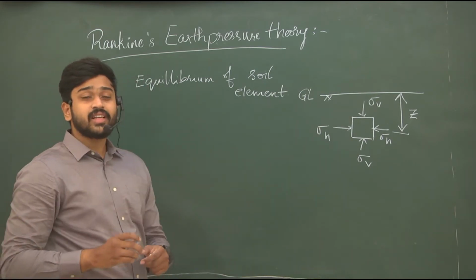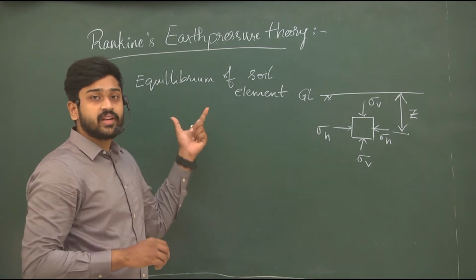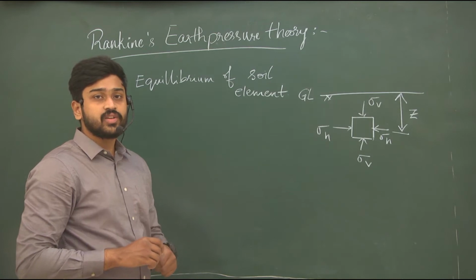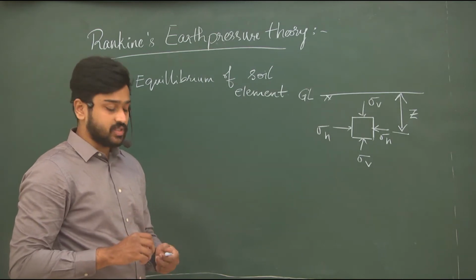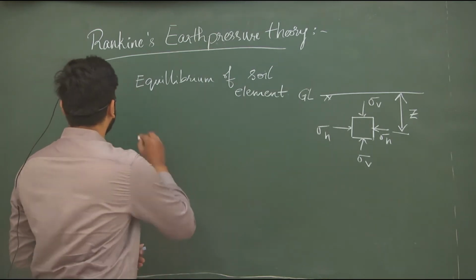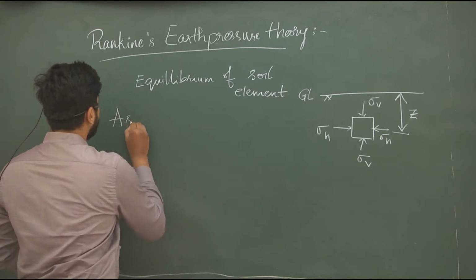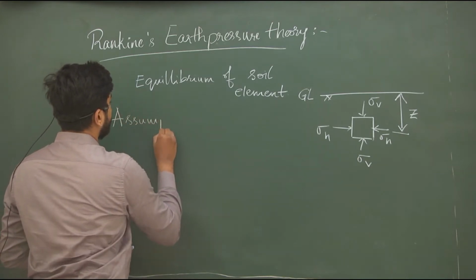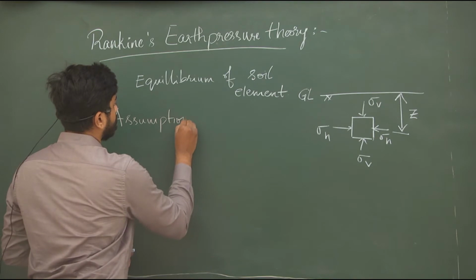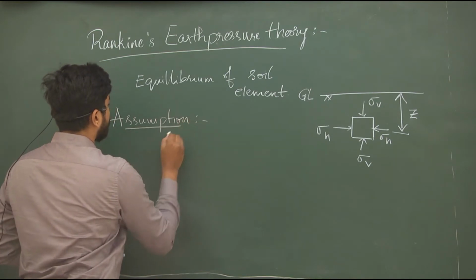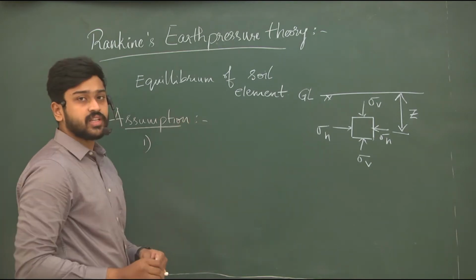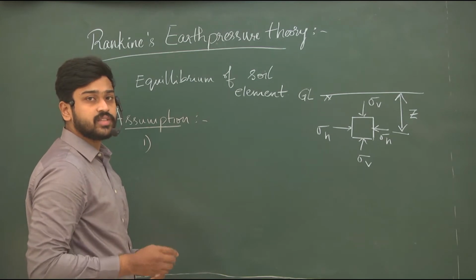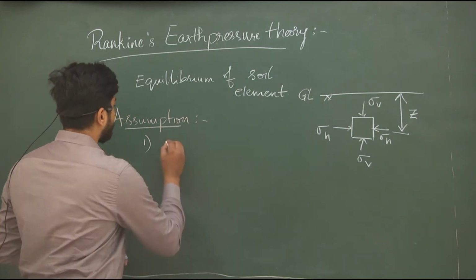There are certain assumptions considered by Rankine for this particular theory, so let us now look at the assumptions. The first assumption is that the soil is homogeneous and semi-infinite.